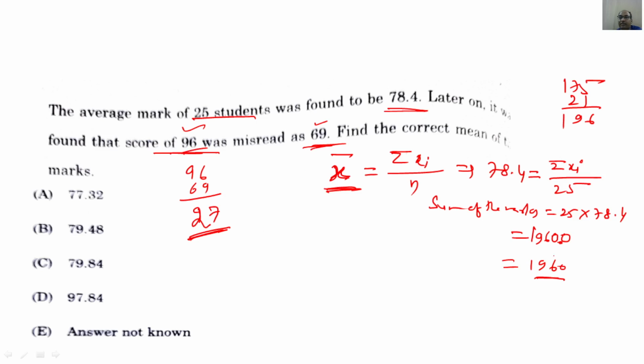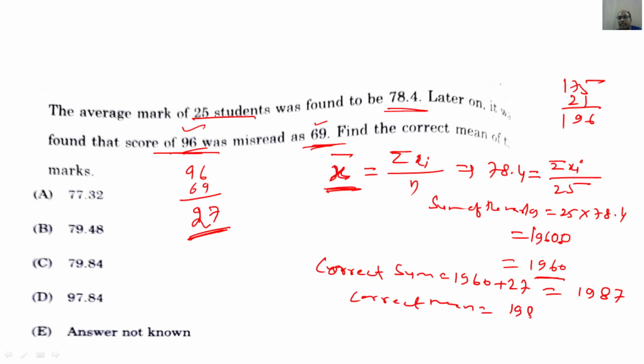It means 27 is missing here, and that 27 we need to add. So the correct sum is 1960 plus 27 is equal to 1987.